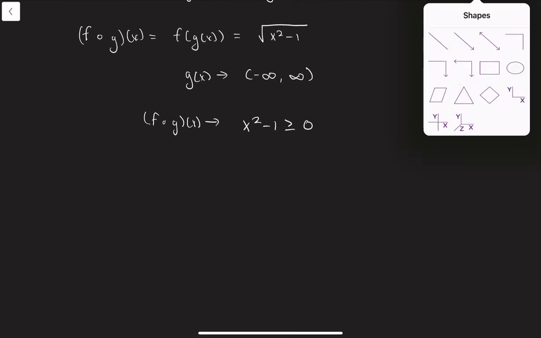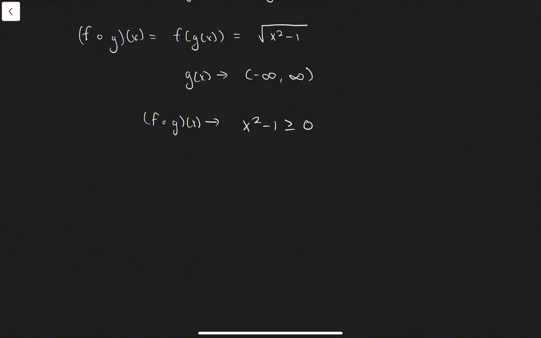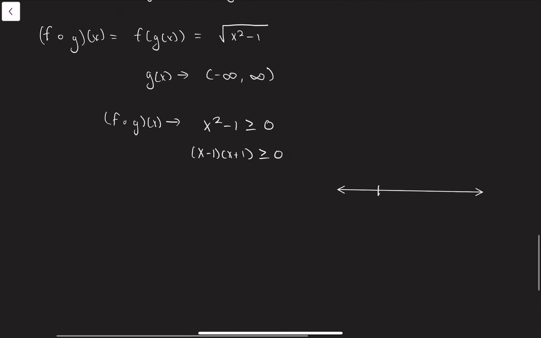So we'll draw a number line right here because we're going to need it. Let's simplify this inequality: x minus 1, x plus 1 is greater than or equal to 0. If you recall from our study of inequalities, we need to break this into 3 different test cases to understand the function behavior between each of the roots.